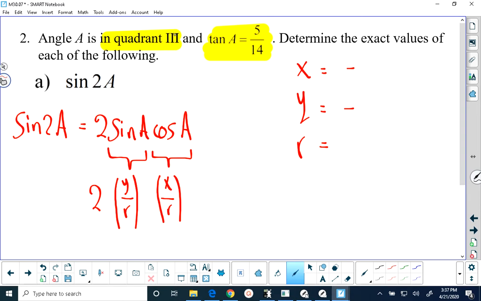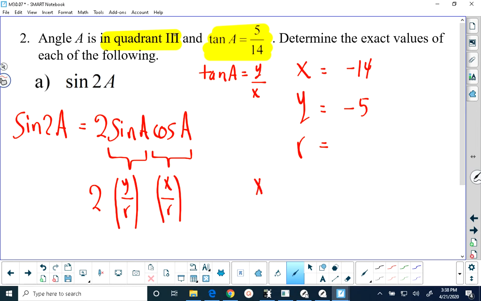Don't forget, up here you're told tangent of angle A is 5/14. Don't forget that tangent is y over x. So that means that y would be -5 and x would be -14. And from that, we can determine the value of r.